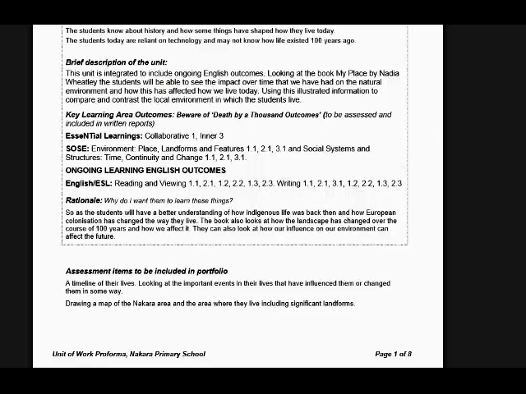What it does say is we will be looking at the book, My Place, and students will be able to see the impact over time that I assume a European settlement had on the natural environment, or any settlement, maybe everyone's settlement, and how this has affected how we live today. So it's not very clear. We are learning that students will be able to see the impact over time that people had on the natural environment, but we still don't know what actually we will be doing in this unit of work.